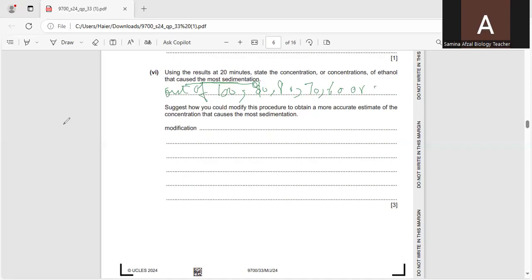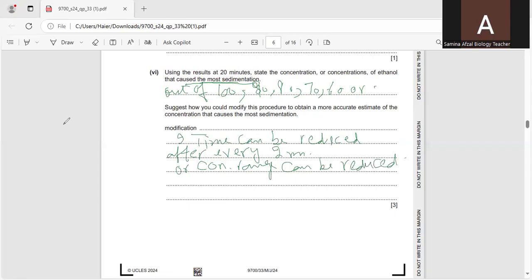As for example, you can observe after 2 minutes, time can be reduced, that is after every 2 minutes, or the concentration range can be changed, can be reduced, you can say.